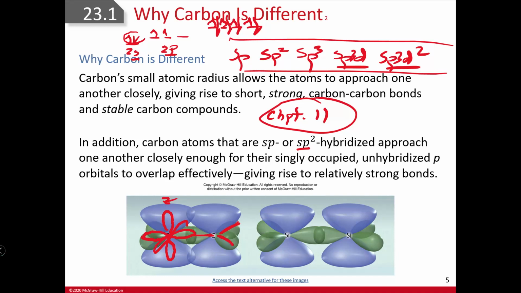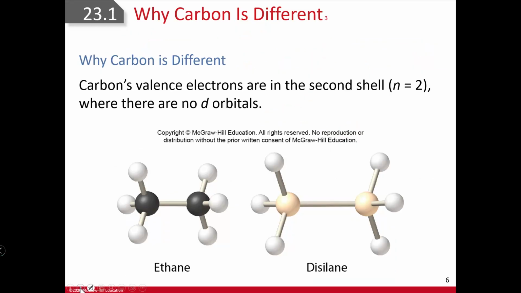So here they want to talk about, in addition to carbon atoms, this hybridization approach, and that these bonds are close enough, whether unhybridized or hybridized, to create a strong bond. Carbon's valence electrons are in the second shell where there are no d orbitals, and so we have ethane and we have disilane.